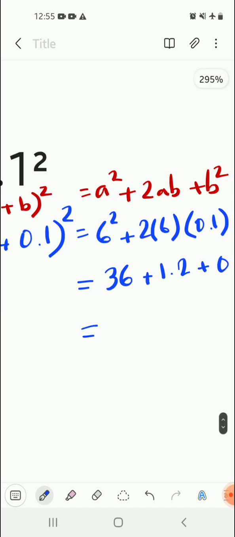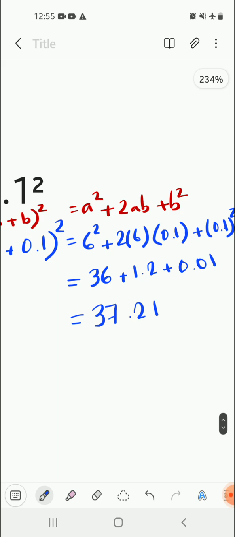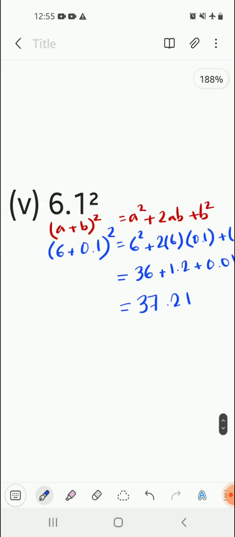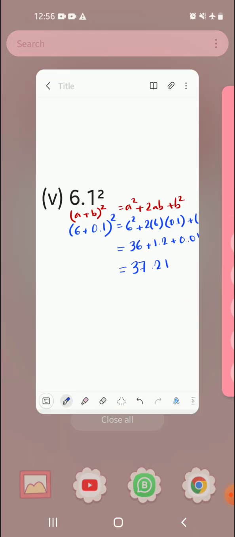We are going to add 36 plus 1 is 37, 37.21. We can check, 6.1 whole square will be 37.21. See, 6.1 into 6.1 is 37.21.